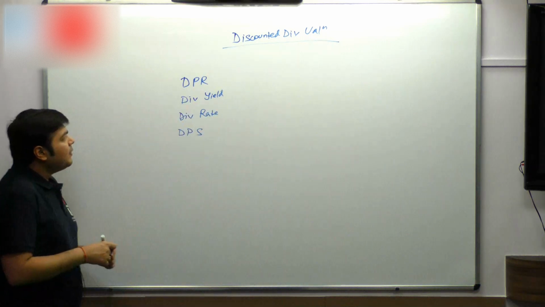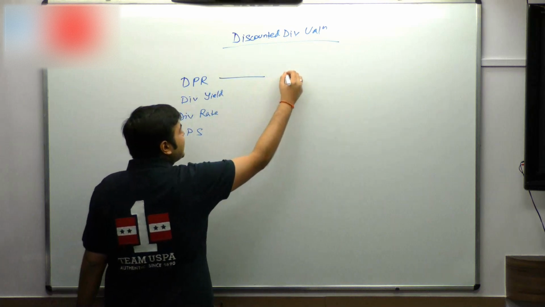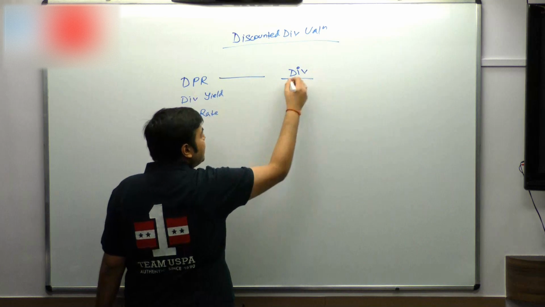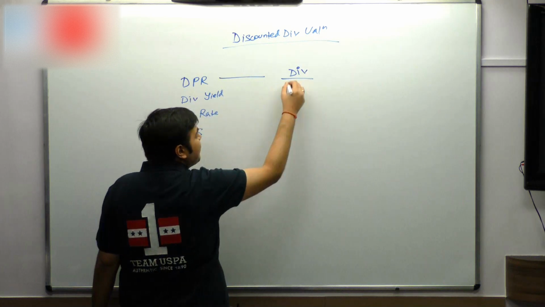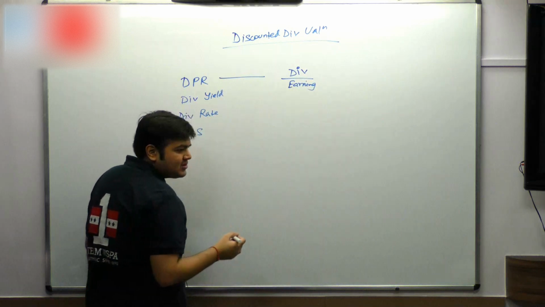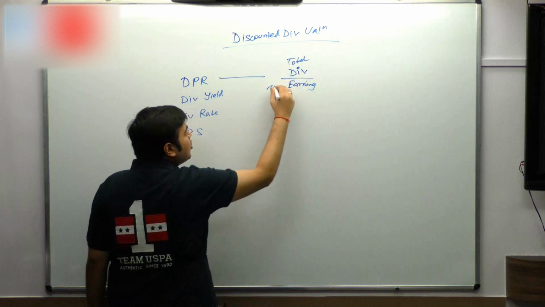When you're looking at dividend payout ratio, it is basically the amount of dividend given, let's say dividend divided by your total earnings. You can take it in two ways, that is your total dividend by total earnings.